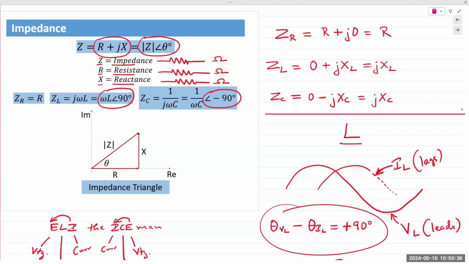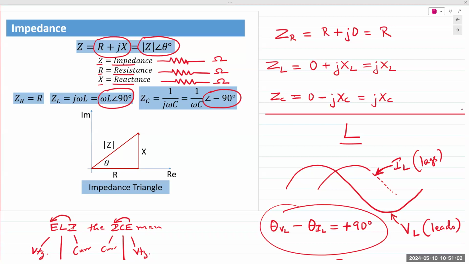So the question being asked is, if there are multiple components, would they still be 90 degrees apart? The answer is yes and no. It's yes if you are referring to the same component, no if you're referring to two different components. For example, if you have an inductor L1 and an inductor L2, the voltage and current for inductor L1 will always be plus 90 apart.